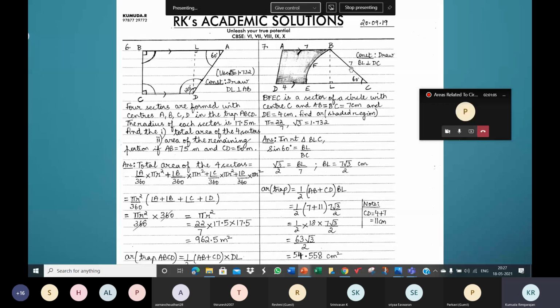So with the help of 60 degrees and 7 centimeters, we want to find the length of this line segment BL. In this right triangle BLC, for this acute angle 60 degrees, BL is the opposite side and BC is the hypotenuse.